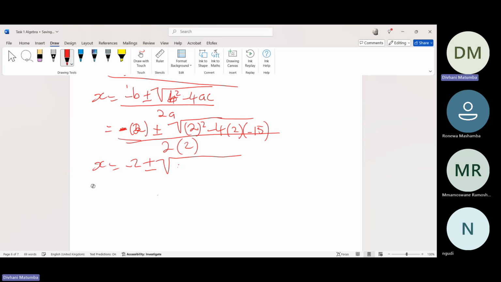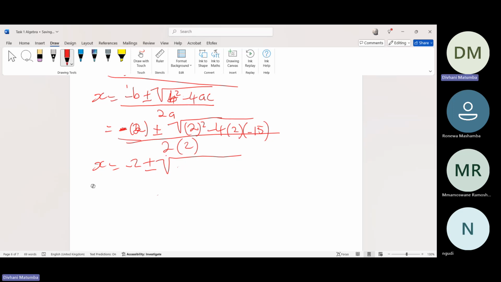So we will have 4 plus 120. Is it right? 4 times 15 times 2.